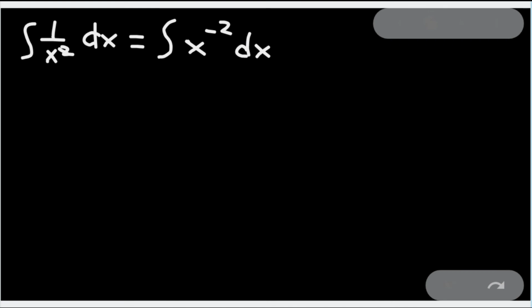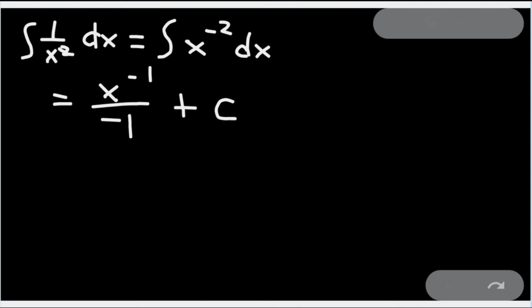Therefore, after converting this fraction into this form, we now have the value of n, which is negative 2. So, negative 2 plus 1 is equal to negative 1. So, what we have is x raised to negative 1 over negative 1 plus c.